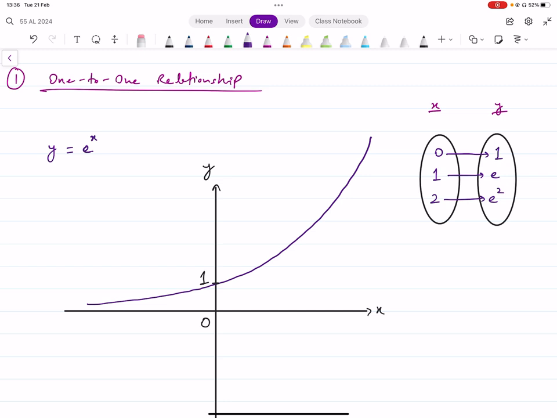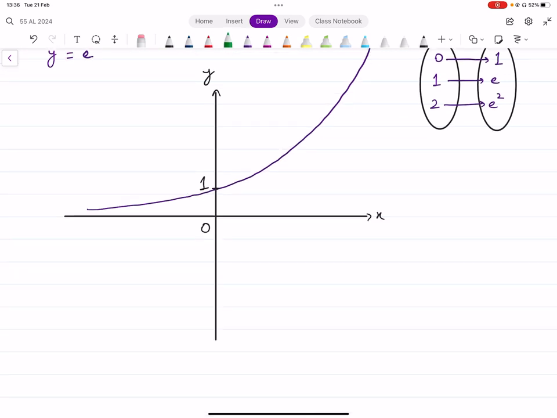Now, every value of x here can only give you one single value of y. Okay? Every value of x is giving you one value of y. And also, every value of y in this function is coming from only one particular value of x. What that means is, if you look at the graph of this function, you have this x value here.